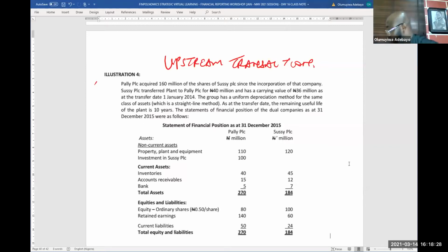Okay, the question remained the same. What is the area of difference?